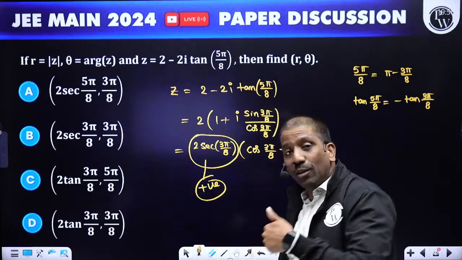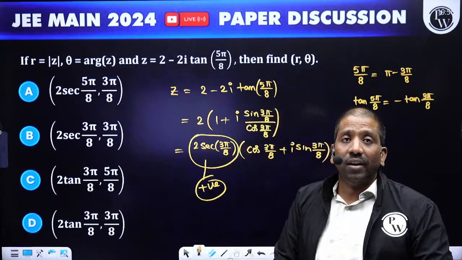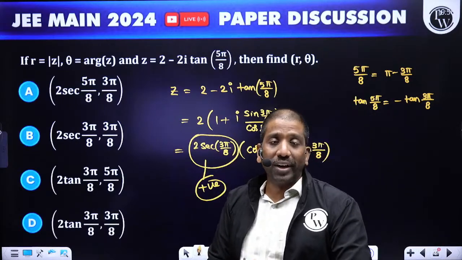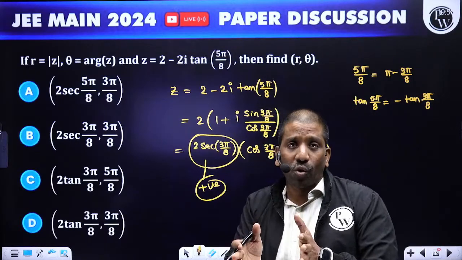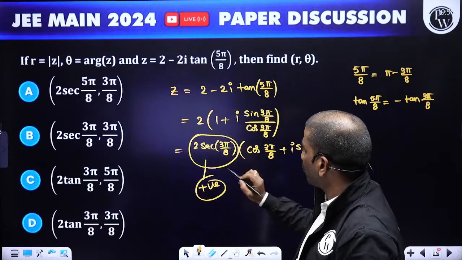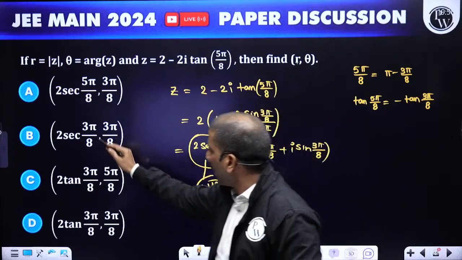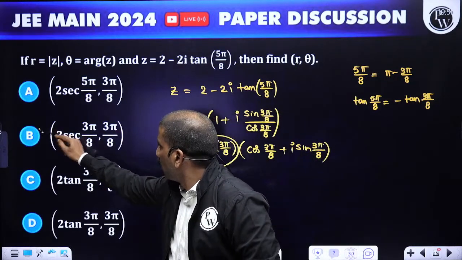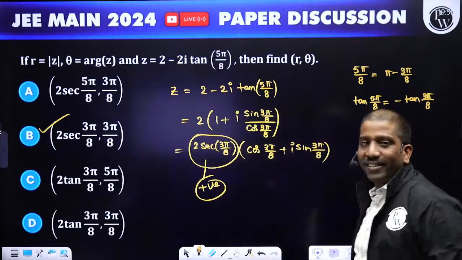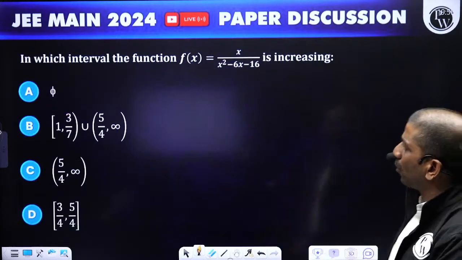But 3 times 22.5 degrees, 45 plus 22.5, is 67.5 degrees, which is in the first quadrant. So it is positive. So we can fix our answer. R is 2 secant 3 pi by 8 and theta is 3 pi by 8. Exactly correct. Fine. So this is also easy with the questions.